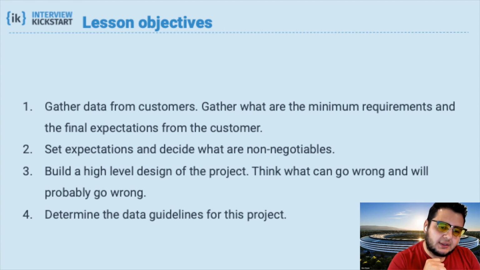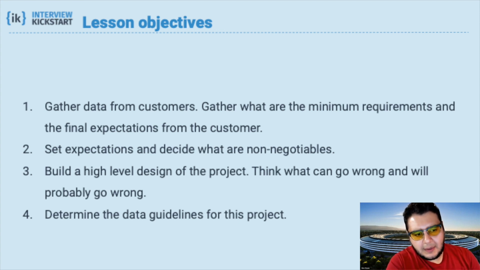Topic number three, high level design of the project. Think what can go wrong, and it will probably go wrong. Something I have learned. It is very annoying. It's obnoxious, honestly. You obviously want your projects to go perfect. Everybody wants that, but not everything goes according to plan, and that's fine.